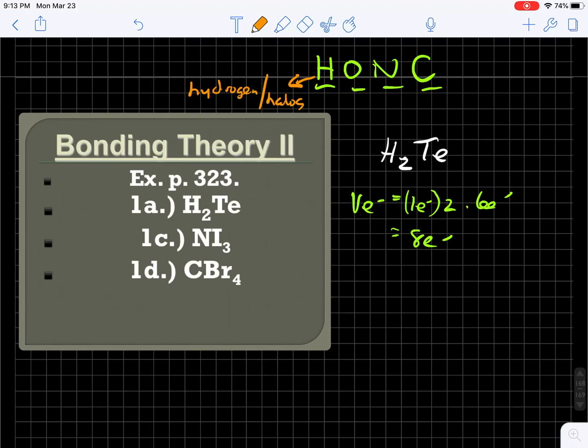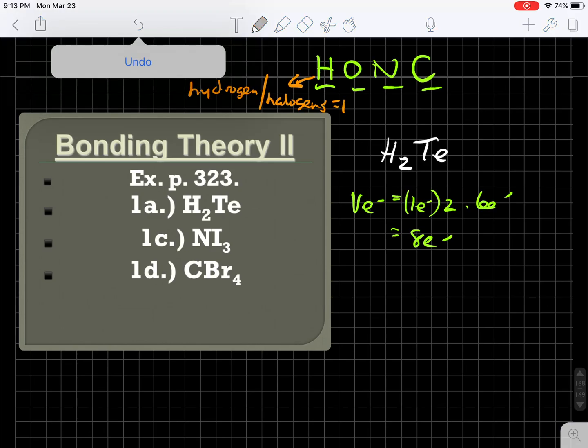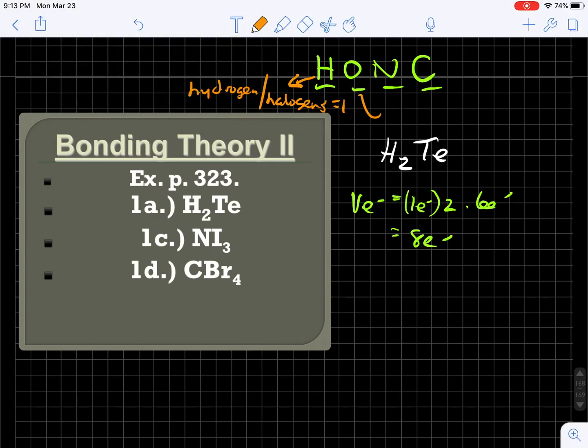Hydrogen and halogens tend to form one bond. Oxygen tends to form 2 bonds. Now, there are exceptions, but it's most stable when oxygen forms 2 bonds. Same thing with nitrogen, forms 3 bonds, and carbon tends to form 4 bonds. But there are lots of exceptions. This is where it's most stable.